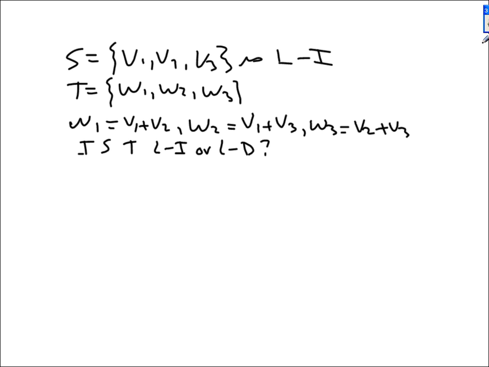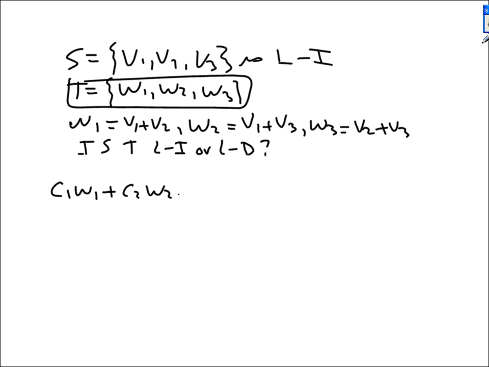Oh, you want to know about T? Take a linear combination of the vectors. C1 and set it equal to 0. C1W1 plus C2W2 plus C3W3 is equal to the 0 vector. You need to conclude whether or not the coefficients must be 0. But I don't know anything about W's. I know about V's.